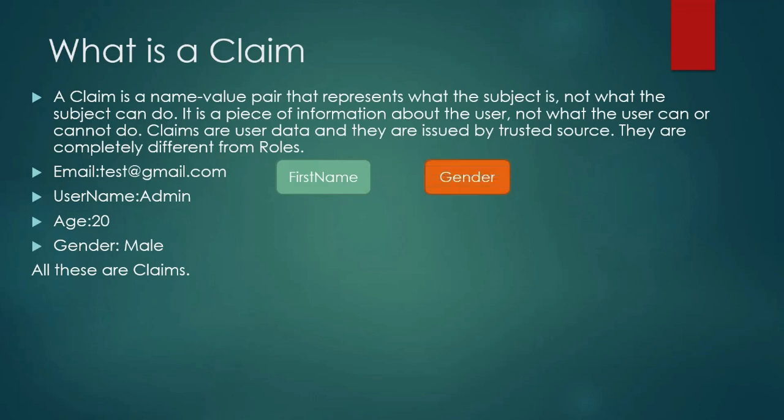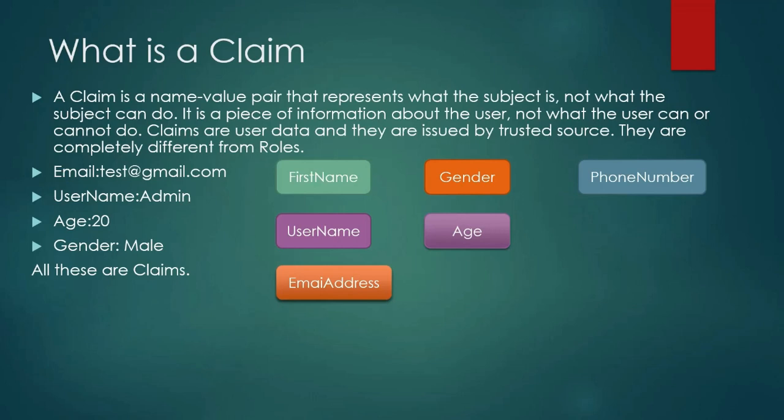Then gender, and the value will be male. We have phone number, and the value will be the phone number of the user. Then the username, which for our example is admin. Then age, and the value will be 20. Then email address, and the value will be test@gmail.com.